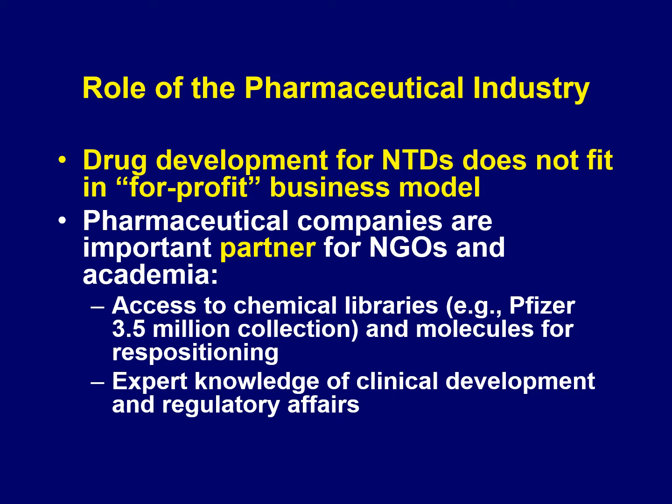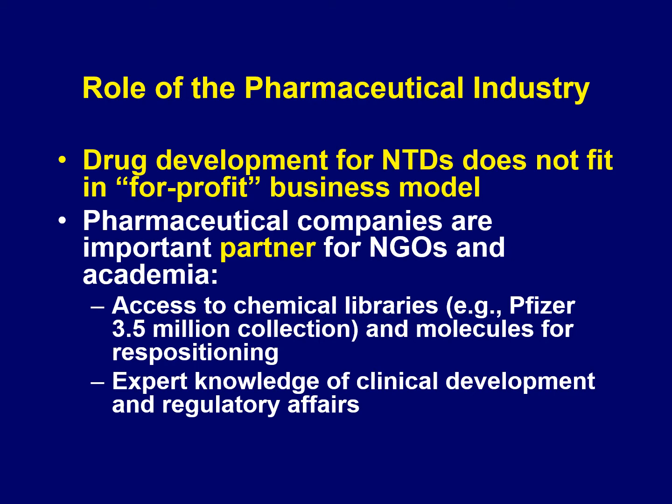However, pharmaceutical companies have emerged as an important partner for NGOs and academia that do research on new therapeutics for neglected tropical diseases. So some examples of partnerships include things like getting access to chemical libraries.